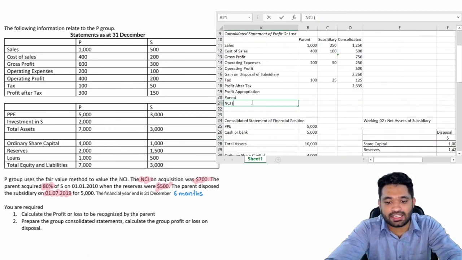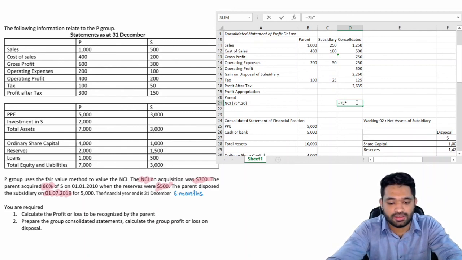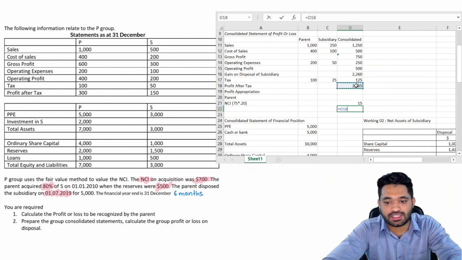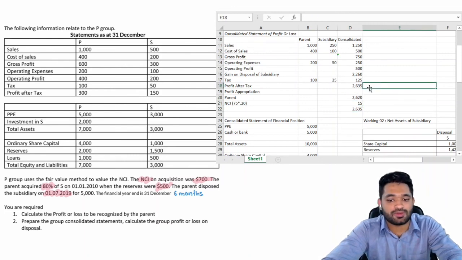So NCI will get 75 into 20%. So the NCI share of it would be 15. So your total group profit after tax was 2,635. So the balancing figure is going to be the amount for the parent. So 2,635 minus 15, 2,620 is going to be the amount attributed to the parent.